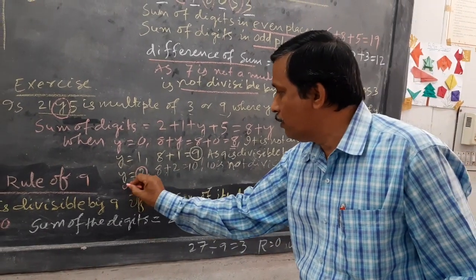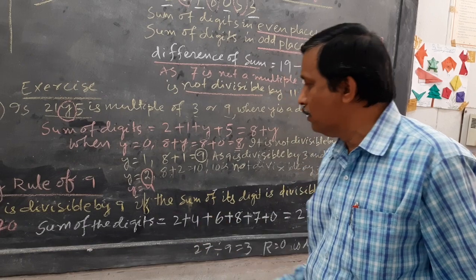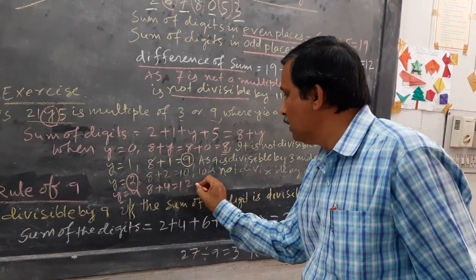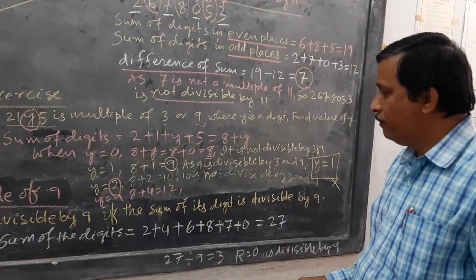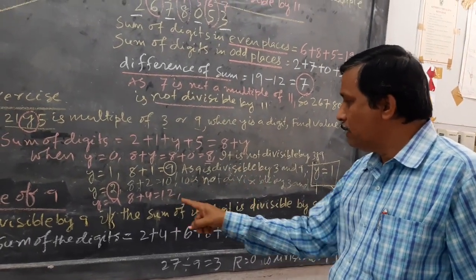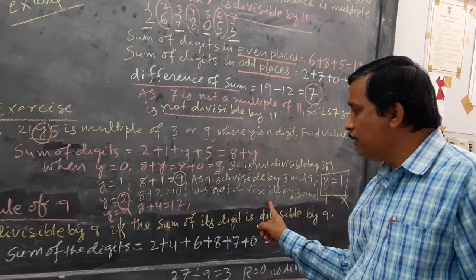But if you take y equal to 4, then 8 plus 4 is equal to 12. In this case, 12 is divisible by 3, but 12 is not divisible by 9.